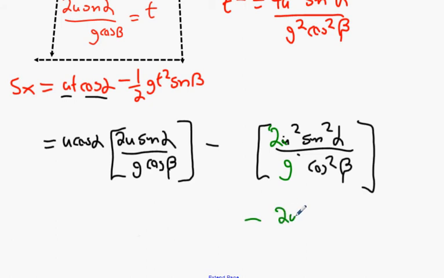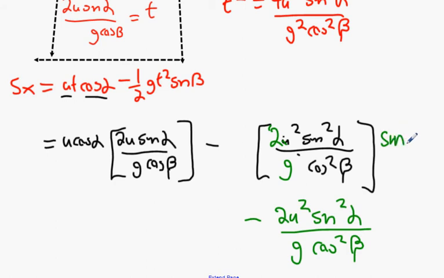We have minus 2u squared sine squared alpha over g cos squared beta. Now, don't forget that sine beta. Be in trouble otherwise.